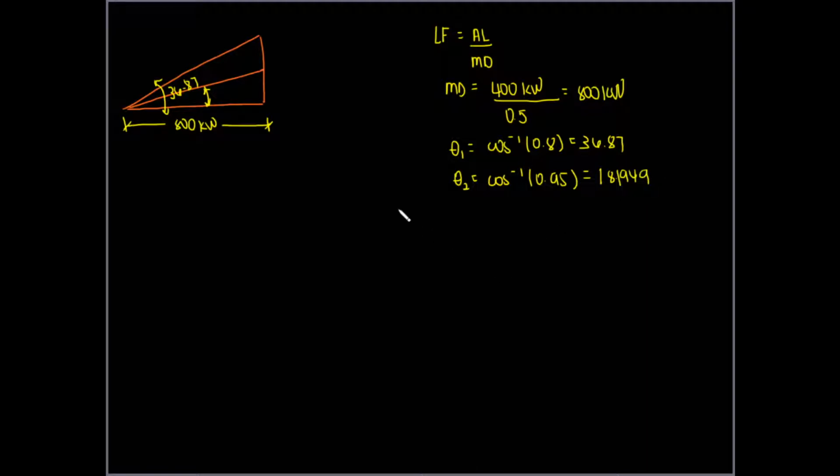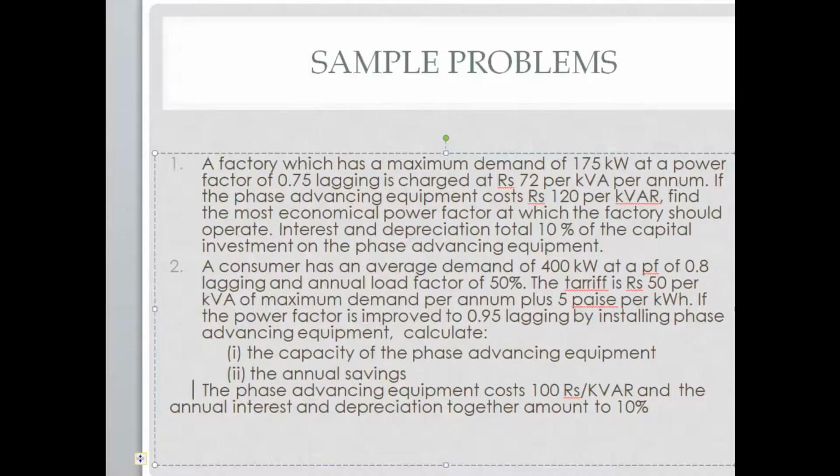Let me make it clear that the 0.95 there is not the optimal value of power factor. If you're going to solve for the optimal value, the y here is obviously 100 times 0.1 based from the discussion earlier, and the x is obviously 50.